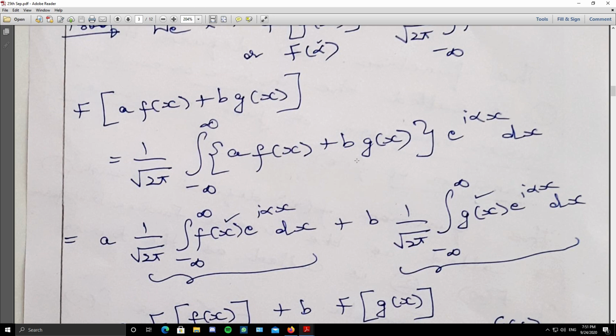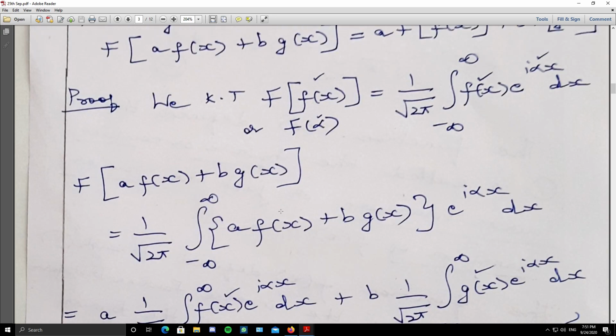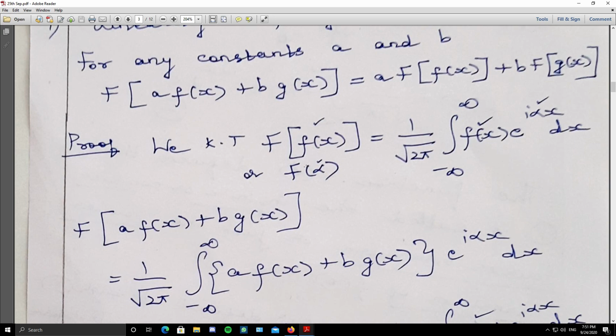So I have split into two integrals, and remember any transform will have two notations, one with respect to the variable, other with respect to the parameter. If you are given the integral, you should know to write the left side. If you are given the left side, you should know to write the right side. So you should remember both ways.